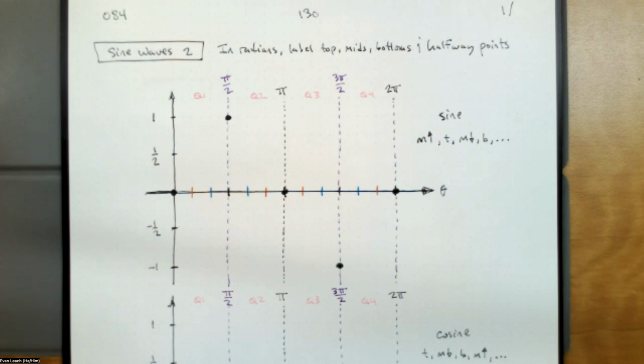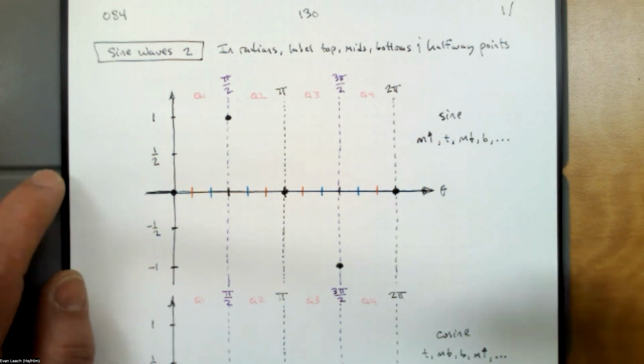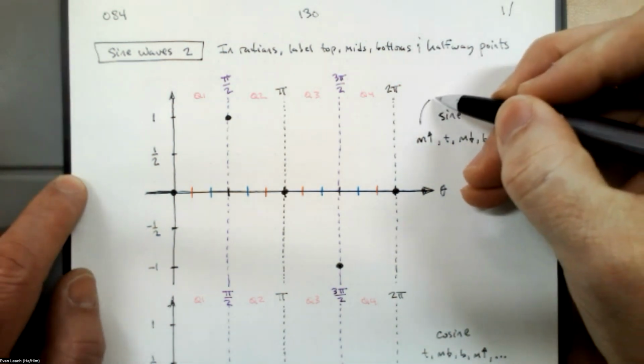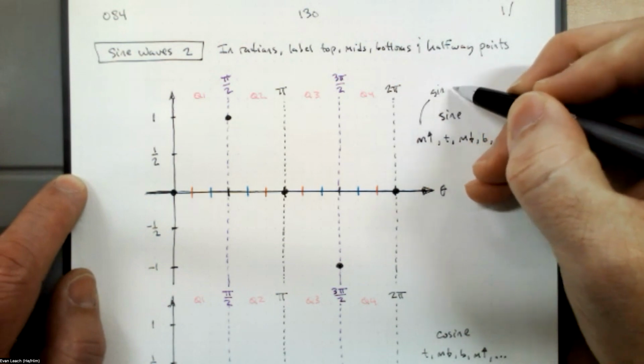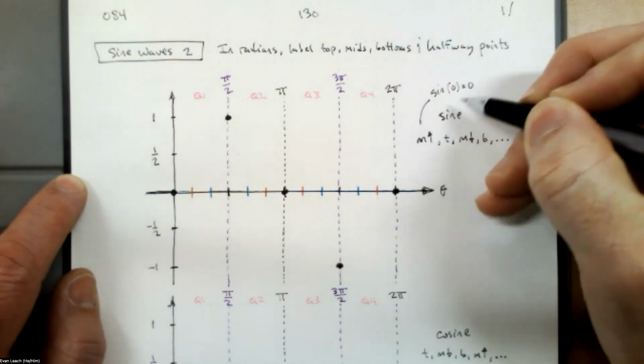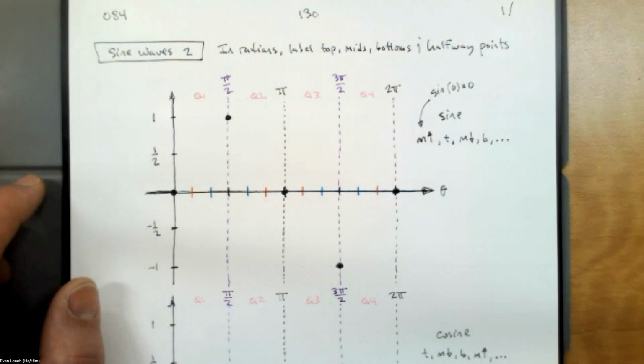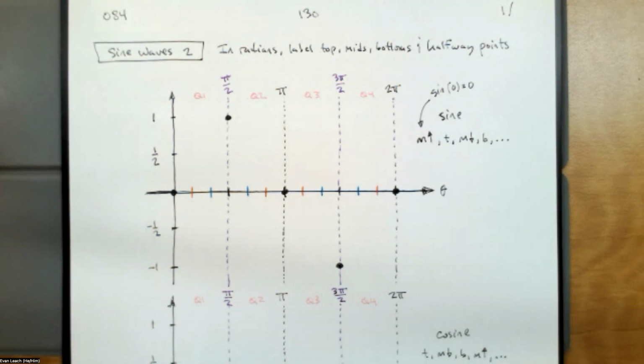We can remember this if we remember that sine of 0 is 0. That's telling us it starts off at the middle. That top point is when we say sine of pi over 2 is equal to 1.